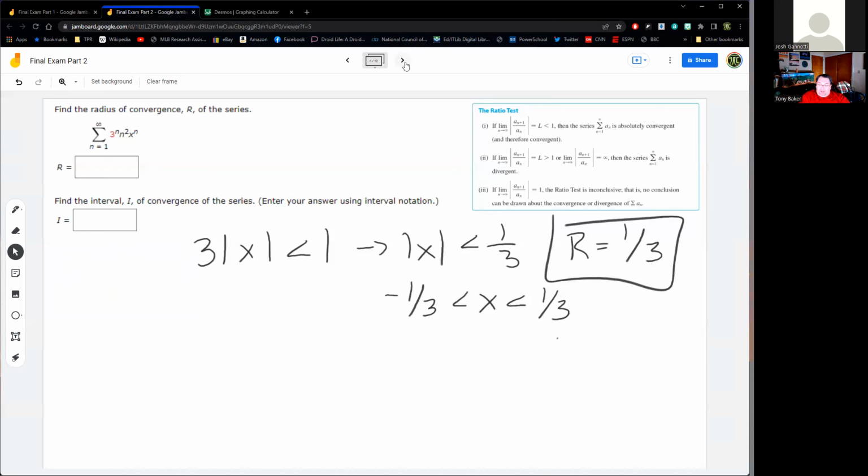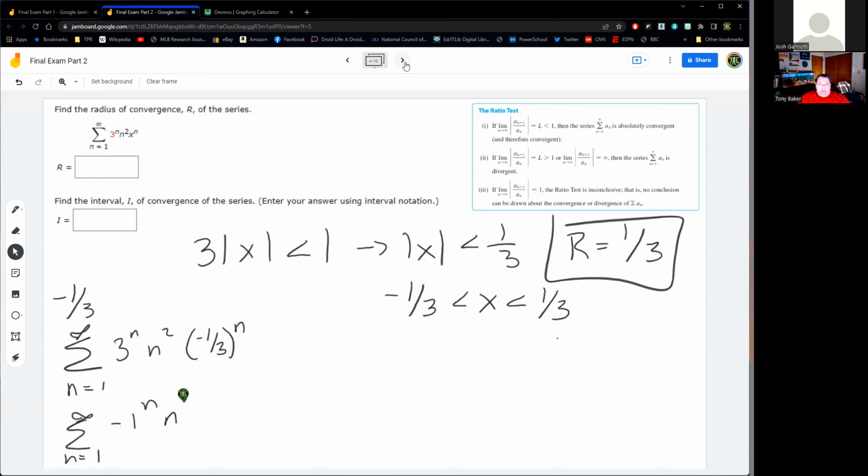So if I do the negative 1/3, I have the summation of 3 to the n, n squared, times negative 1/3 to the n. So I get negative 1 to the n times n squared. That is divergent based on the test for divergence, because the limit of n squared is going to infinity.